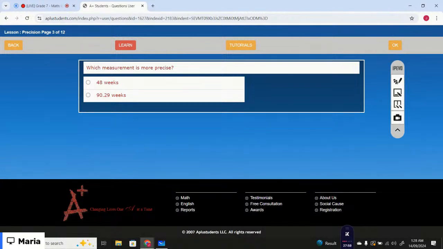Which measurement is more precise, 48 weeks or 90.29 weeks?